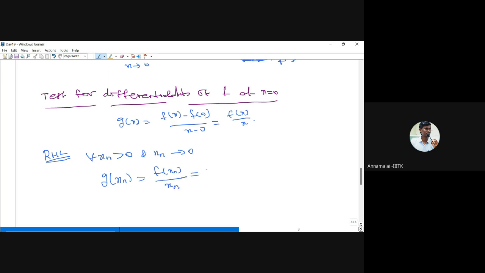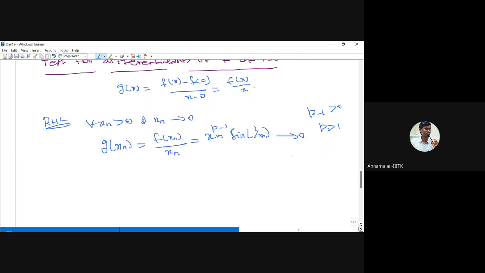So f of xn is xn power p, we can cancel one, and therefore we get xn power p minus 1 into sine of 1 by xn. This converges to 0 only when p minus 1 is positive. That means p is greater than 1. If p is greater than 1, then the right hand limit exists.